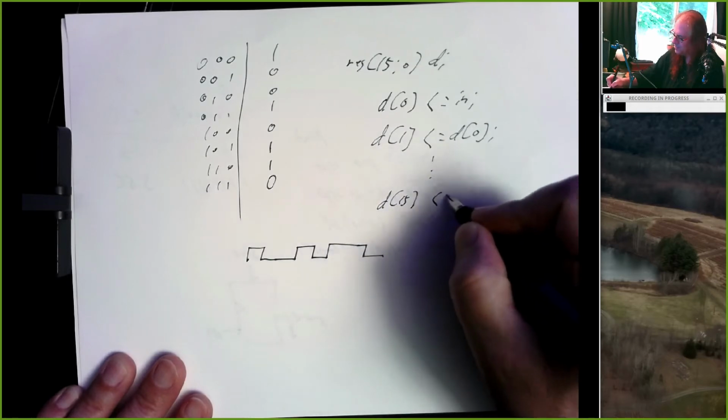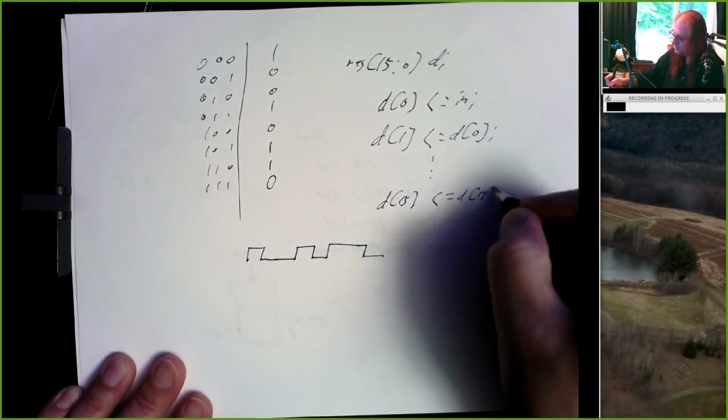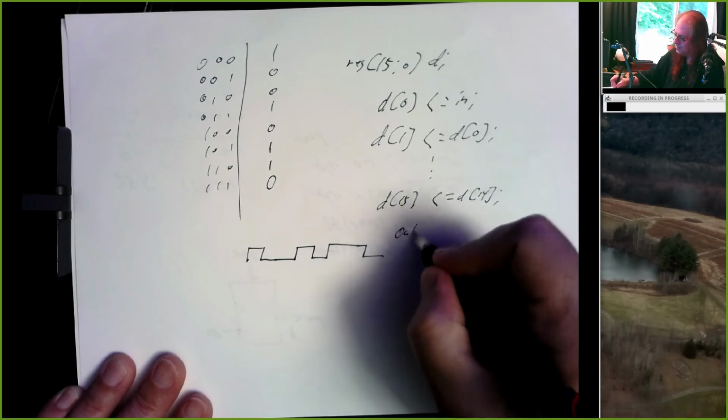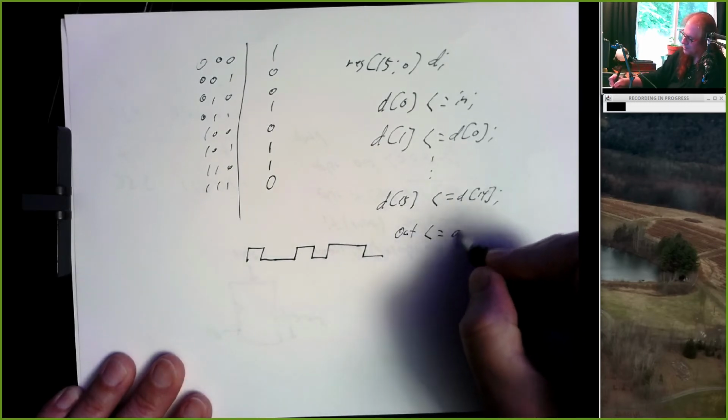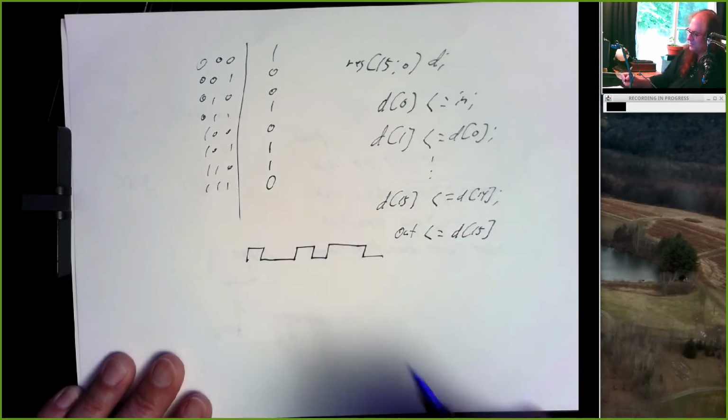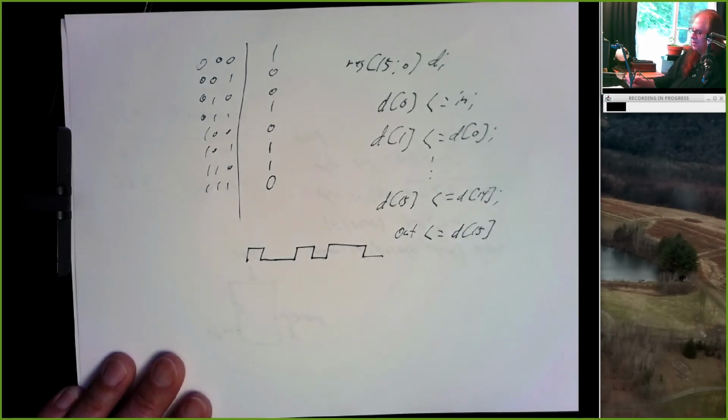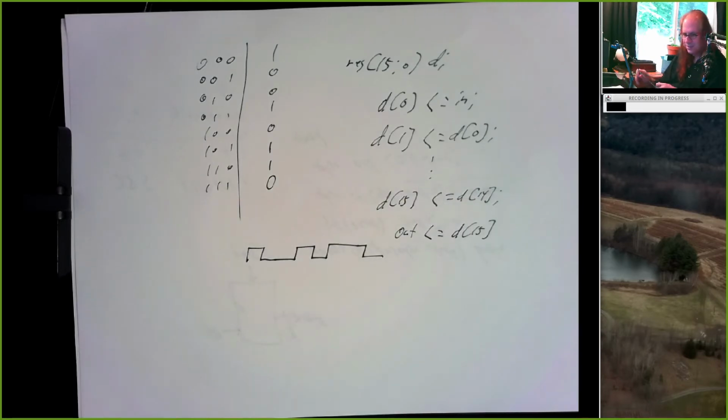D15 is loaded from D14. And then you have options. You can say out is assigned from D15 if out is a register, or you could make out a wire and use an assign statement and say assign out equals D15.